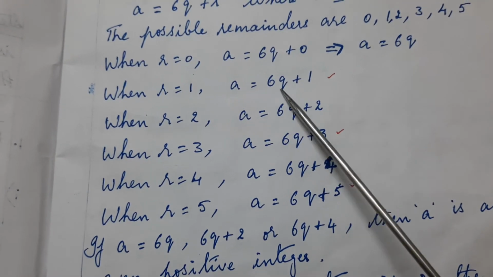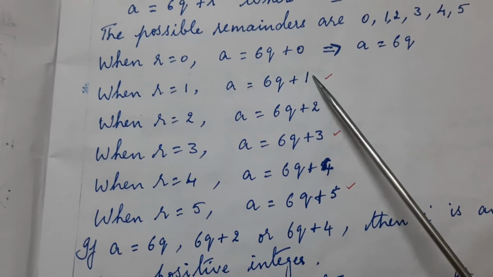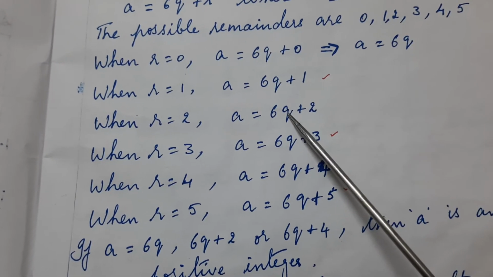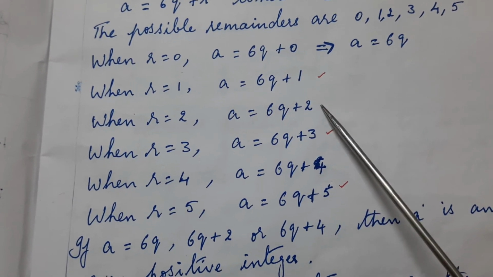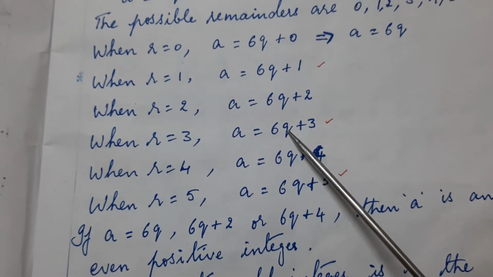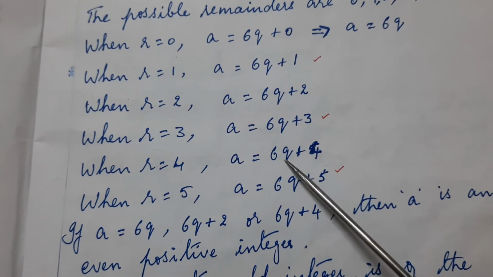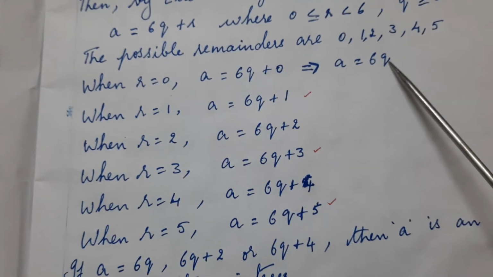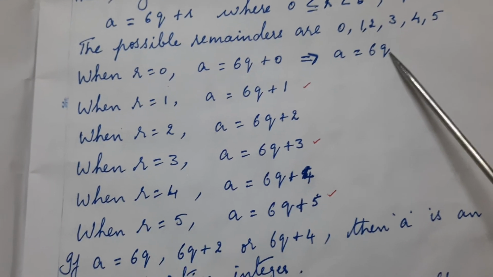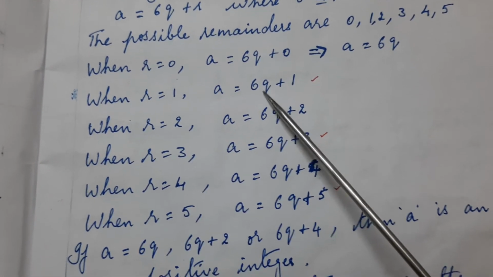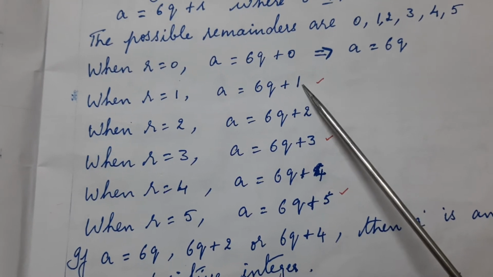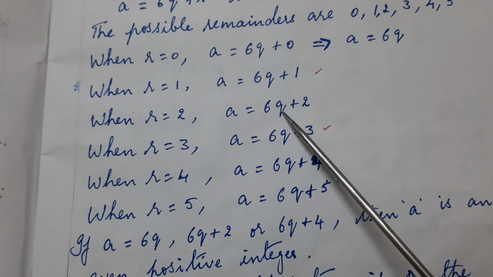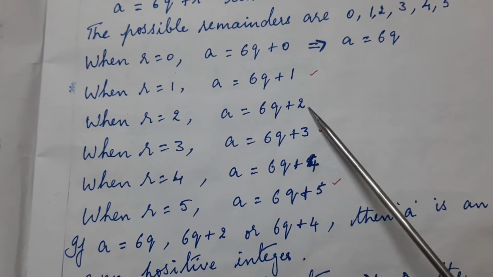If I put 1 here, 6 plus 1, 7. 6 plus 2, 8. 6 plus 3, 9. 6 plus 4, 10. Suppose I use 2 here. 6 twos are 12, plus 1, 13. Here if I substitute 2, 6 twos are 12 plus 2, 14.